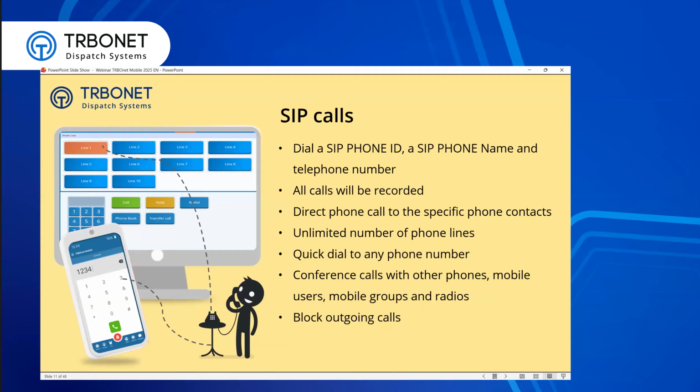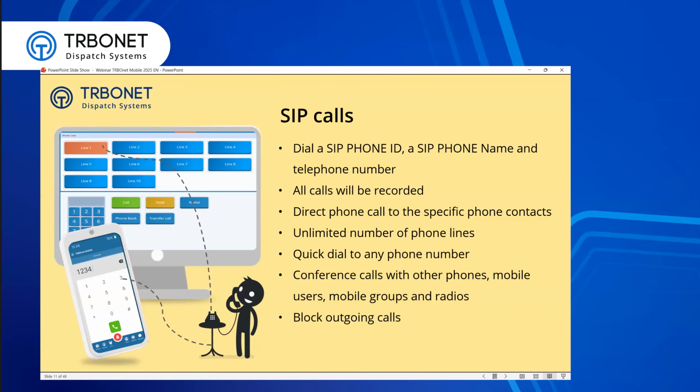SIP calls, like all the other calls, are recorded, and you can call if you have, for example, the module telephone interconnect on your TRBOnet system, meaning that you have connectivity to an IPPBX and maybe to the PSTN, you can extend the reach of SIP calls to any telephone user.